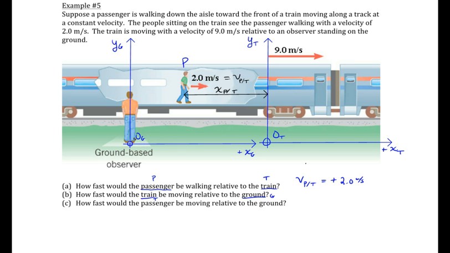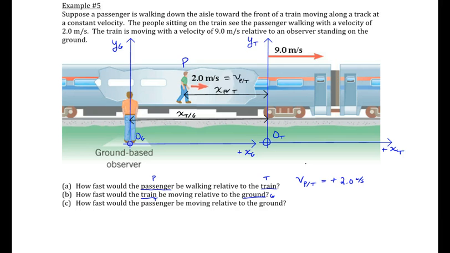And in the way that we did it earlier with the coordinate system for the train, we could also measure the position of the train relative to the ground. I'm going to label that distance as x, the position x of the train, with the subscript t relative to the ground.